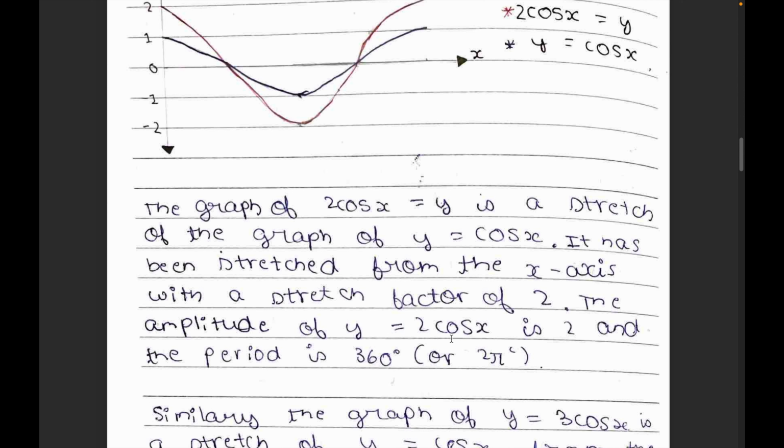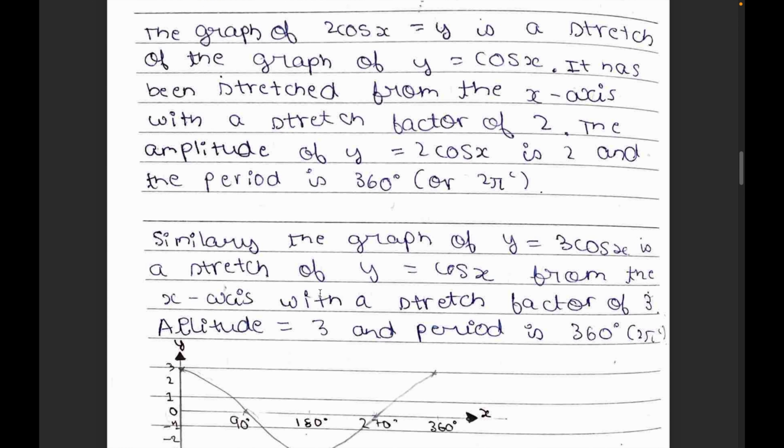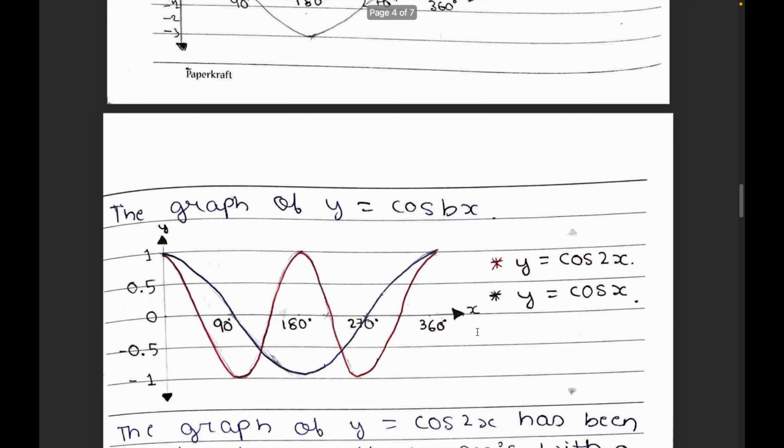The amplitude of y equals 2 cos x is 2, and the period remains the same, which is 360 degrees. Similarly, the graph of y equals 3 cos x is a stretch of the graph y equals cos x from the x-axis with a stretch factor of 3. Amplitude is 3, and the period remains the same.